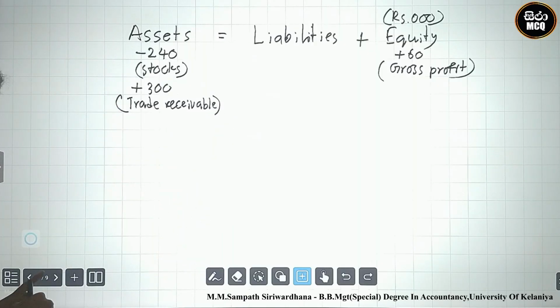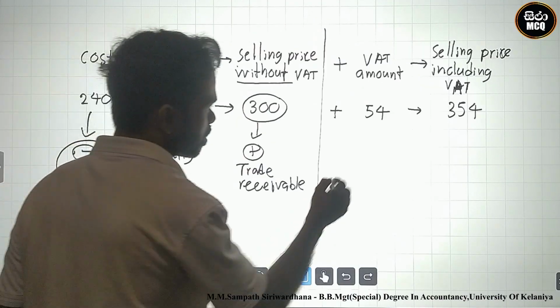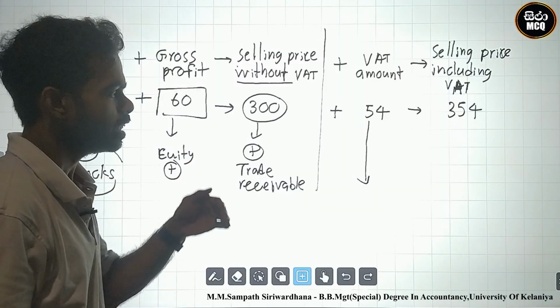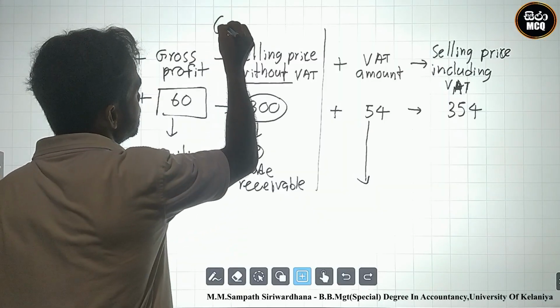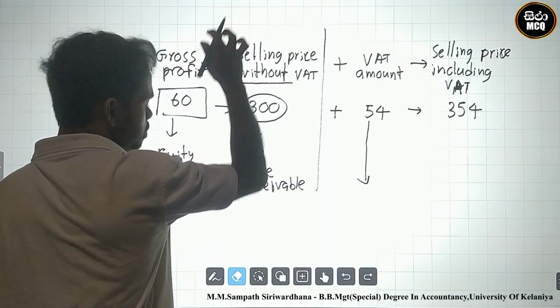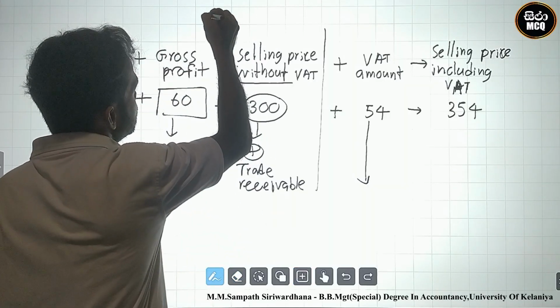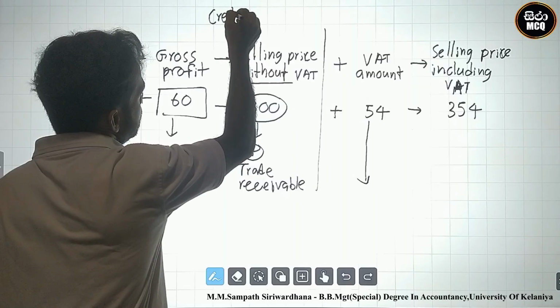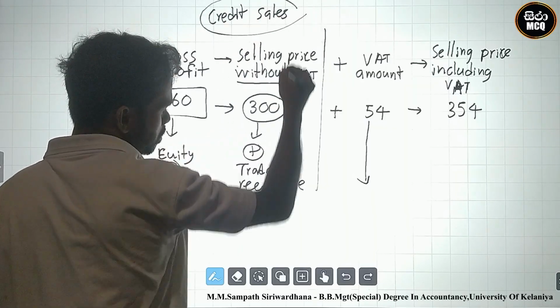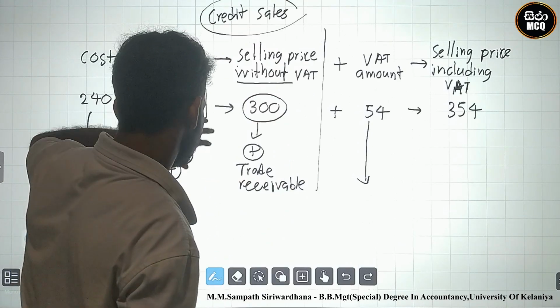Next point is the crucial point, the major point: the VAT. I use the VAT double entries for this. This transaction is related to credit sales.